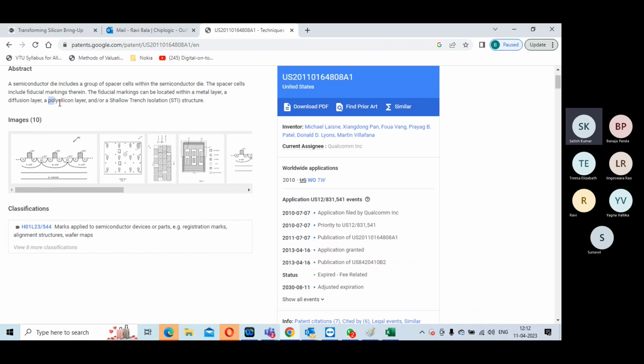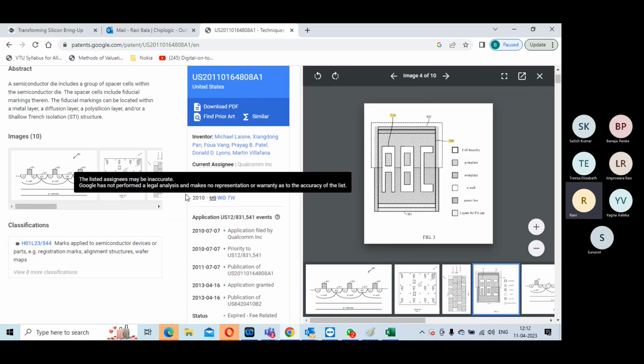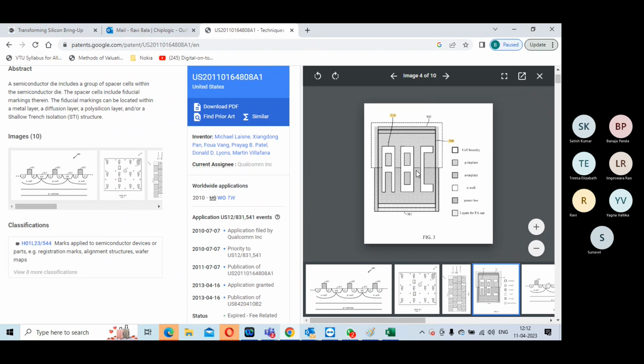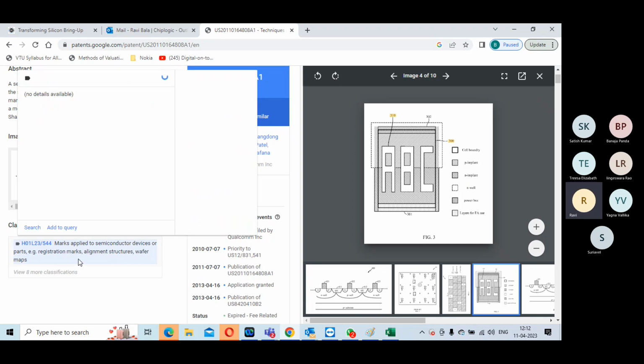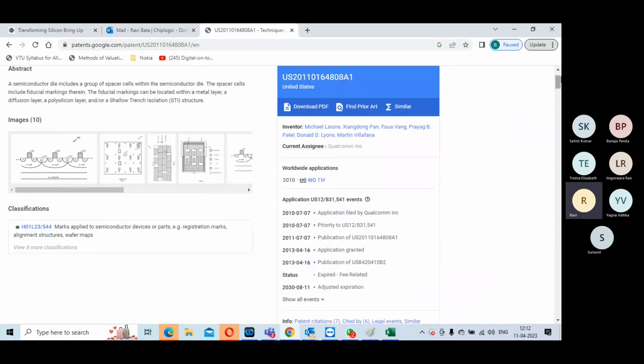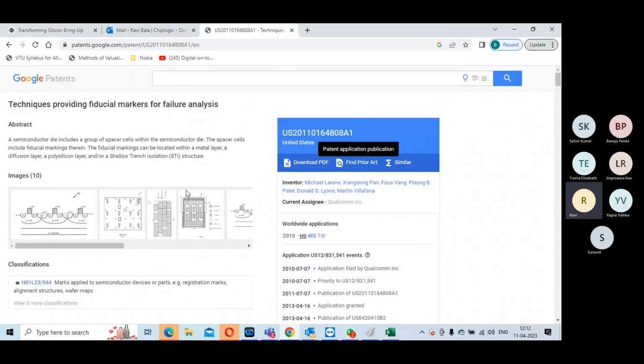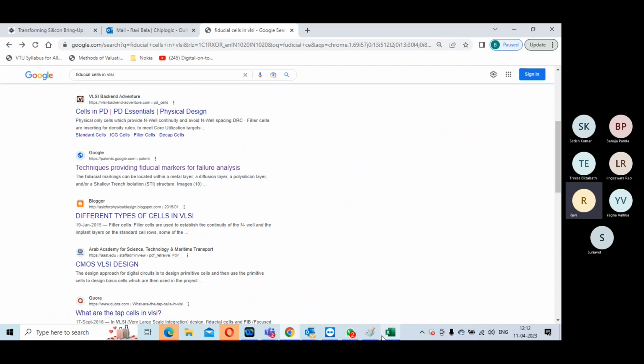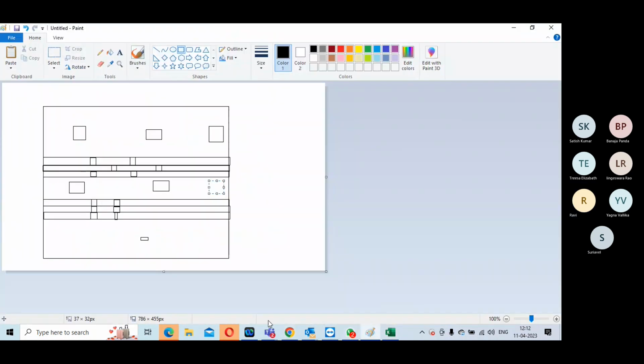I think it is used for something like shallow trench isolation layer. I'll look at this and tell you. Not aware of this, but we'll look at that. I just need to read a little architecture.